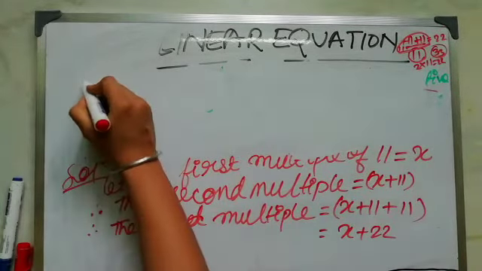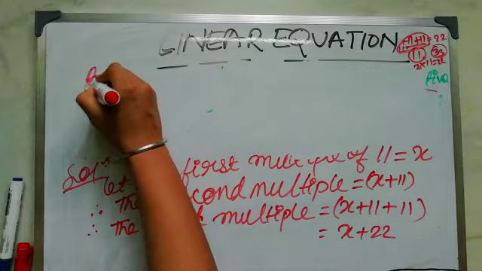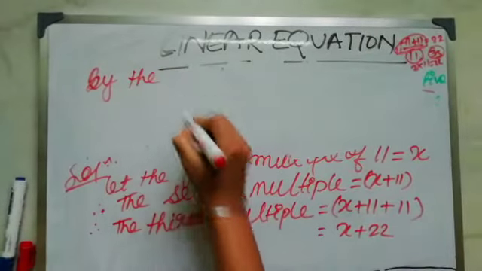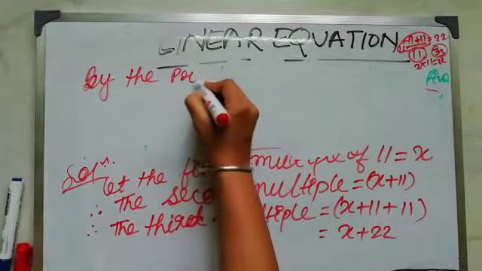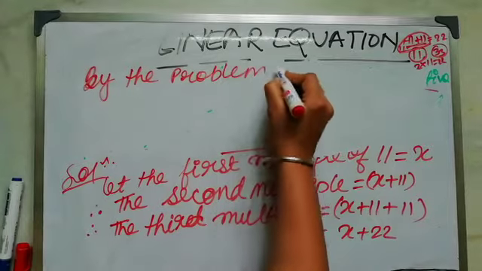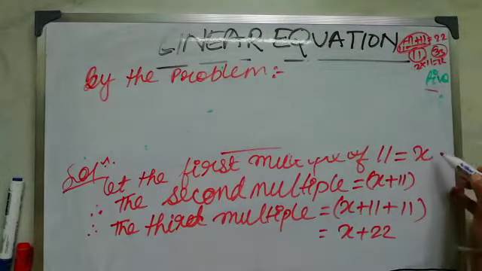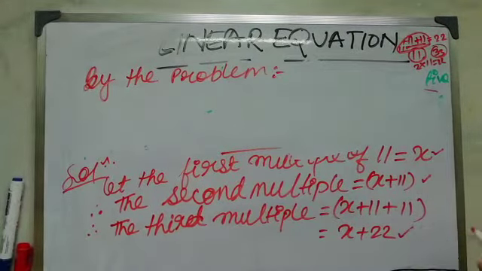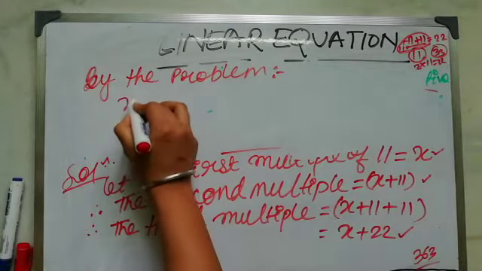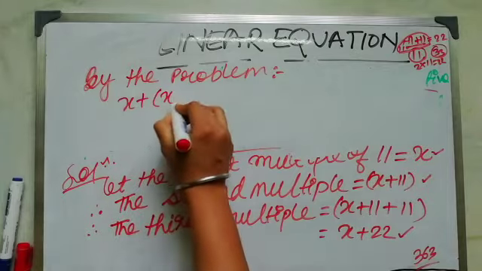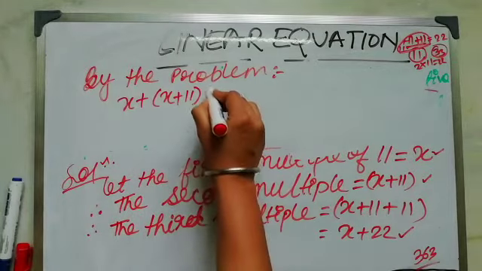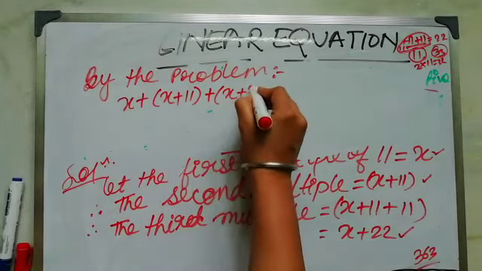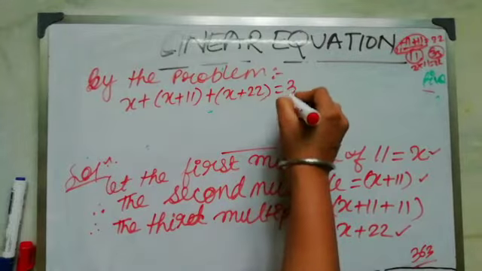Now, according to the problem, the sum of these three consecutive numbers is 363. So I can write x plus 11 plus x plus 22 is equal to 363.